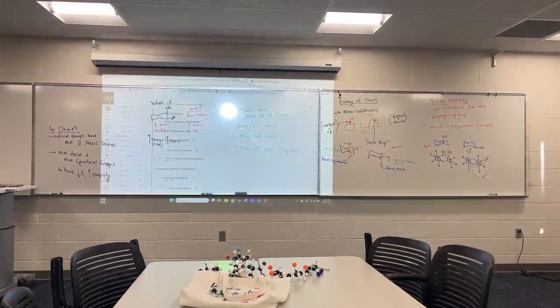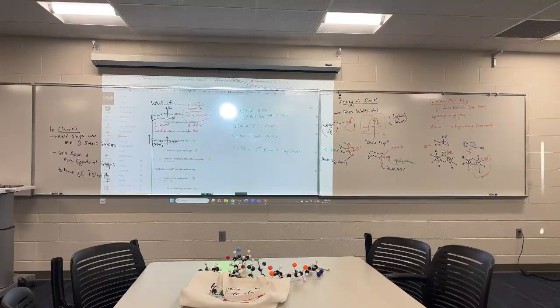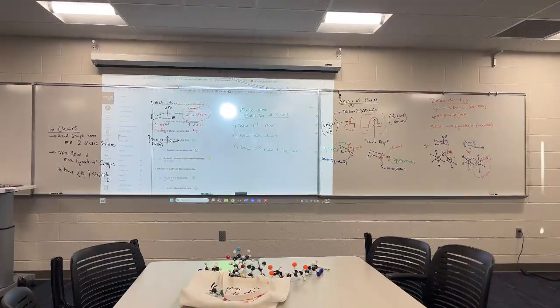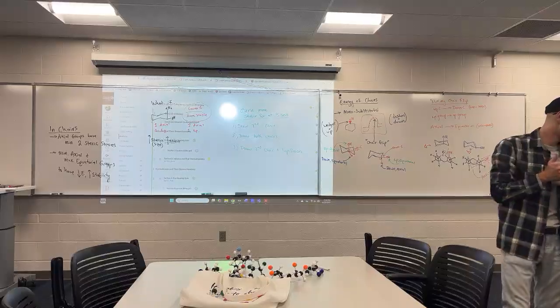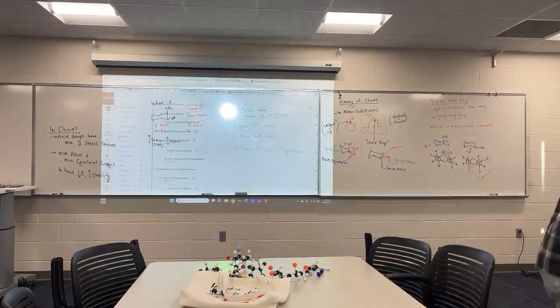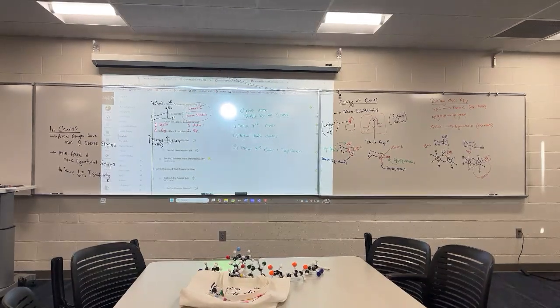So this carbon has a down axial. And now that really looks like an up equatorial ET. Beautiful. Great. Can I give you some tips on your ET?